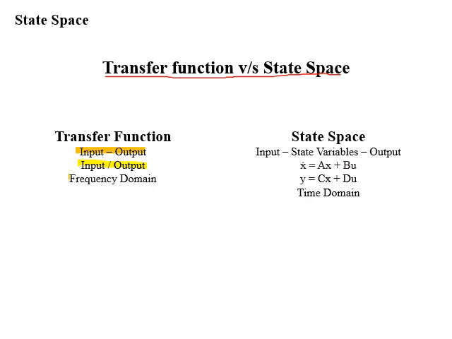It helps us to analyze a system in frequency domain, whereas state space involves input, output, and state variables, and it is represented by the state equation and output equation. In this, we analyze a system in time domain.